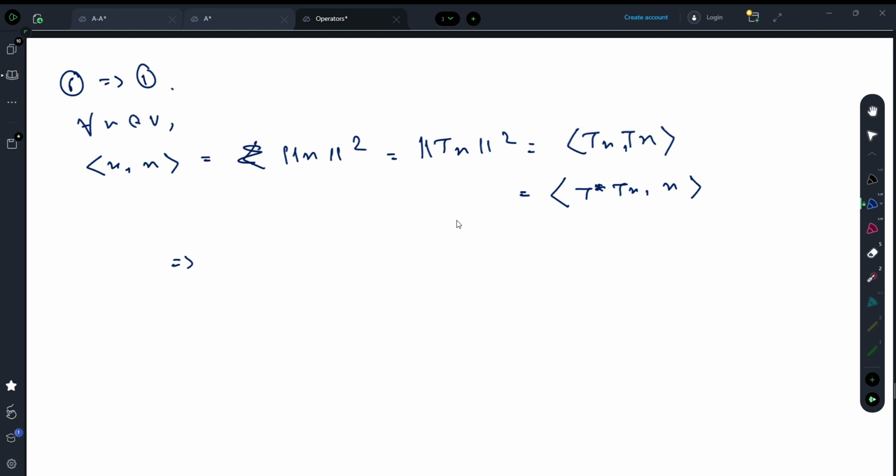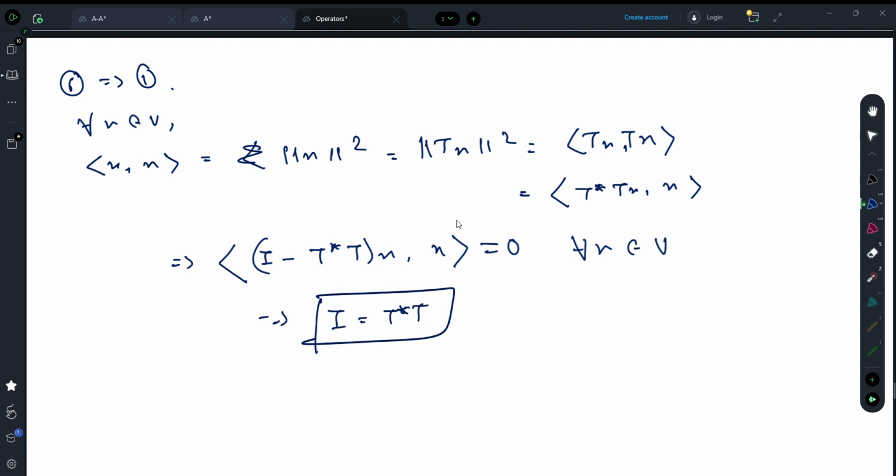So this implies that the inner product of (I minus T star T) of x with x equals 0 for all x. That immediately implies that I must be equal to T star T, right? Okay.